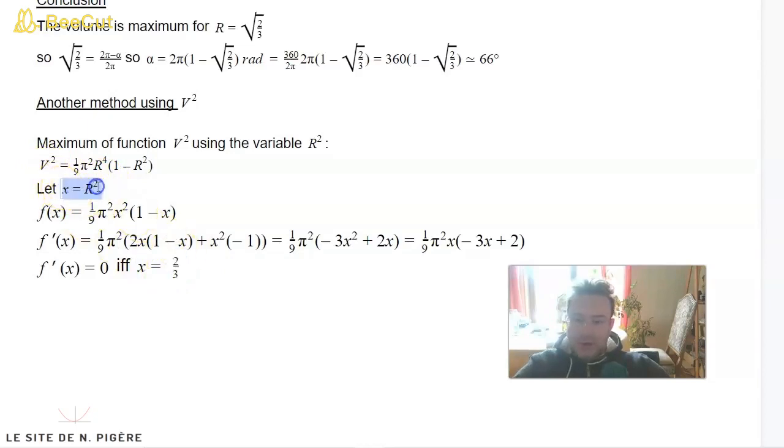But we know that x is equal to r squared. So if we know that x is equal to 2/3, then we can deduce that r is equal to the square root of 2/3.